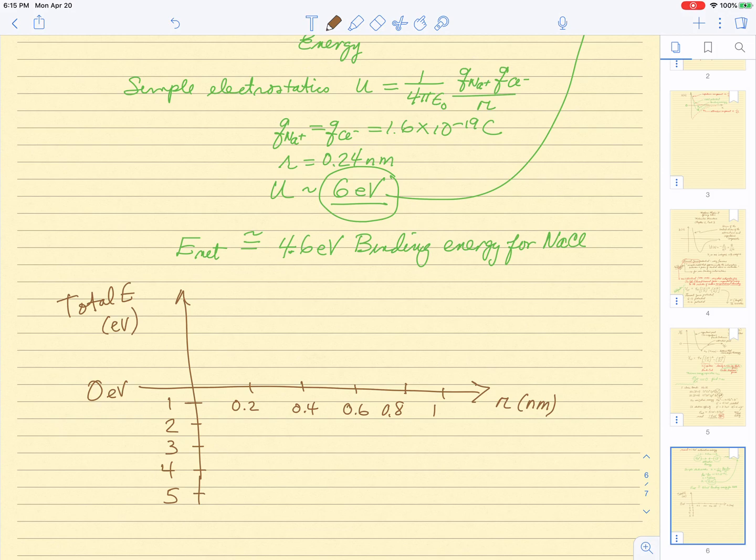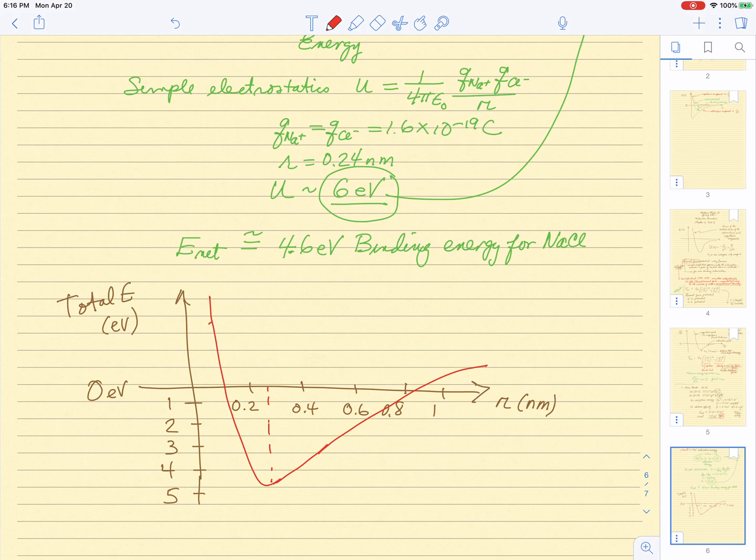The energy curve that results from this, and these are both theoretically and experimentally determined, looks something like so. This comes up just about like that.